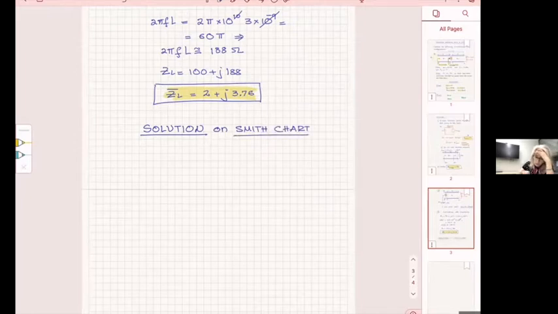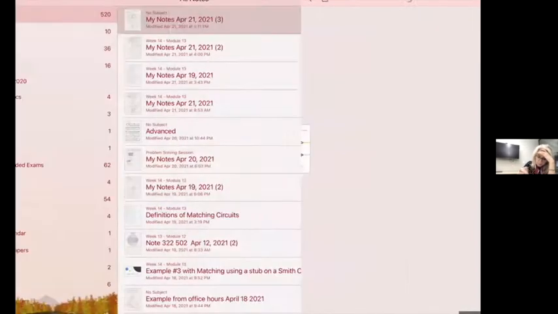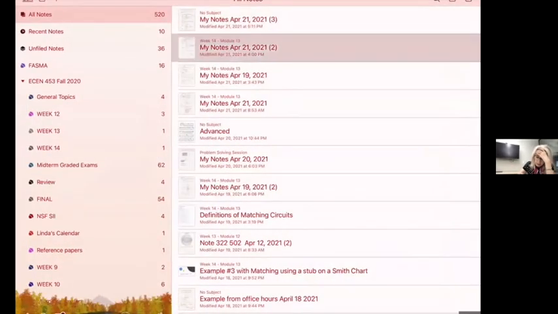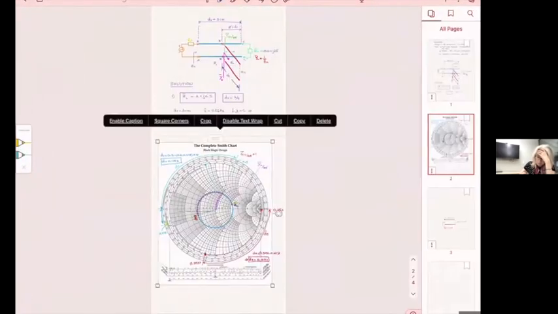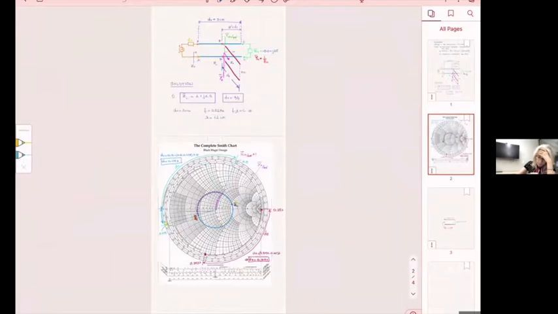Okay, so let me go and find a Smith chart. Where do I have a Smith chart? There. Copy.